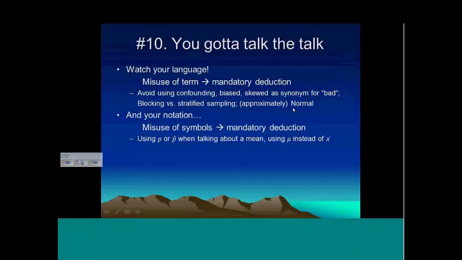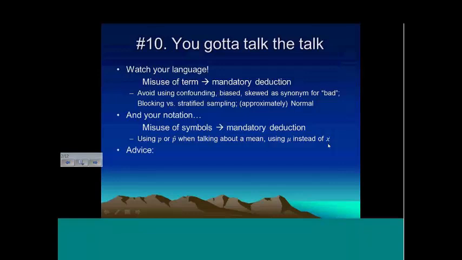Or another common example is using mu instead of x bar or vice versa. So it's really important to be confident about the symbols that you're using. The formula sheet provides correct symbols for the mean and for the proportion, but sometimes it's easier just to write MEAN when you want to clarify that you mean mean.